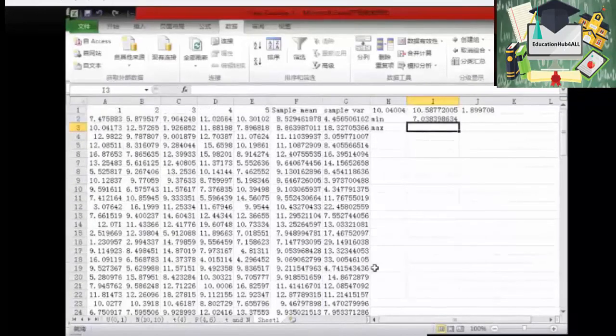More importantly, you should realize what we are doing this for. We should understand what this value stands for. Why do we do that calculation?